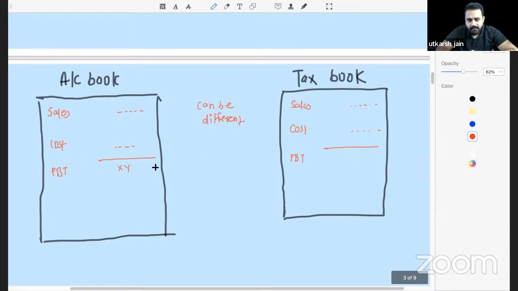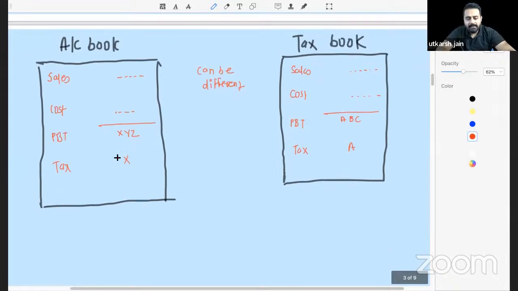So if this is XYZ, this could be ABC, which basically means the tax amount that I have here and the tax amount that I have here would be different amounts. So here I can have tax as X, and maybe here I can have tax as A. Correct? Because sales is different, cost could be different, profits obviously will be different. So obviously the tax that I have to pay could be different.